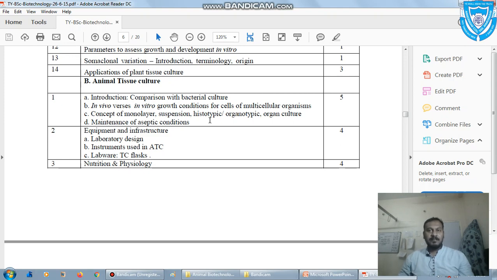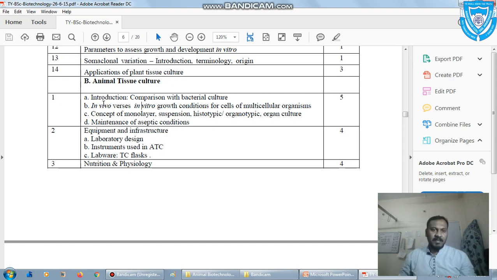It needs specific kinds of laboratory equipment and expertise also. So we are going to compare them in the introductory part with the bacterial culture, how exactly bacteria are cultured and how we culture microorganisms in the petri dish. You all know that, you have done a microbiology basic course.